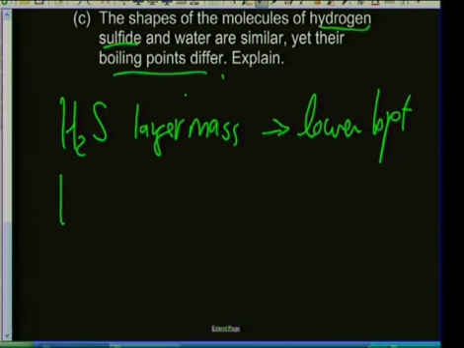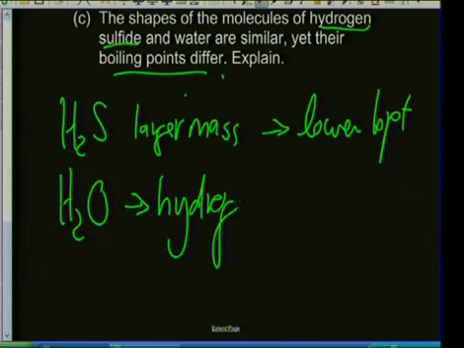The answer is simple: water has hydrogen bonds. Even though water has a smaller molecular mass, normally what we expect is that the bigger the mass, the more chance for intermolecular forces, with a bigger surface area and more chance for them to interact. Here we recognize water has a much higher boiling point. Why? Because the link between hydrogen and oxygen is a much stronger dipole. It's a more polar bond. The molecule forms a stronger dipole.